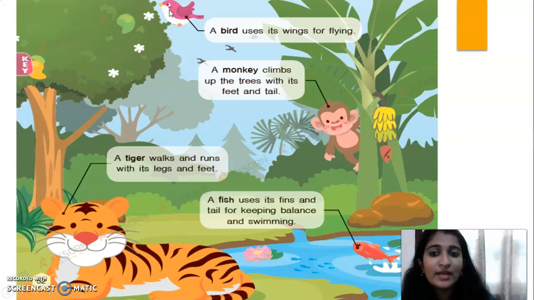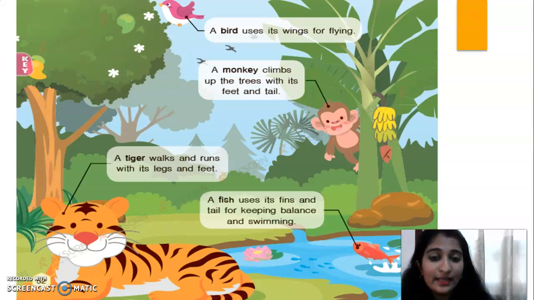A bird has wings for flying. We don't have wings. Only birds have wings for flying. A monkey climbs the trees with its feet and tail.